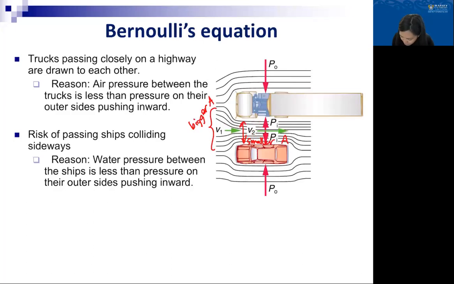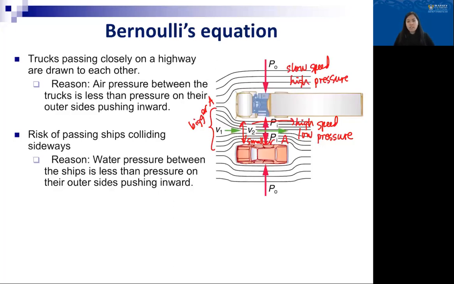So high speed means low pressure. Okay. Compared to here, the air molecules are moving slower. So slow speed means high pressure. Right? And so because you have a higher pressure outwards compared to inwards, these two vehicles will tend to move towards each other.